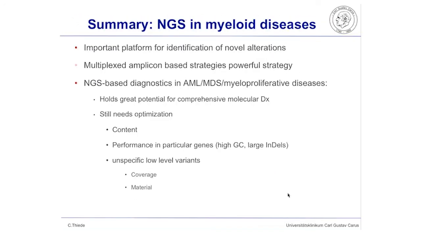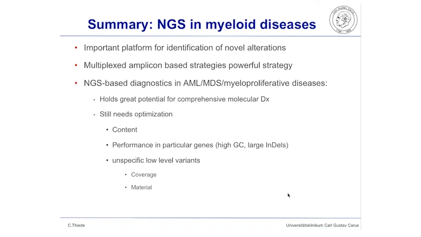So in summary, I think next-generation sequencing in myeloid diseases is a very important platform technology to identify novel alterations. The use of multiplexed amplicon-based strategies is a very powerful strategy because we can detect many alterations in parallel. And this is especially true in patients with AML, MDS, and myeloproliferative diseases, where it holds great potential for very comprehensive molecular diagnostics.